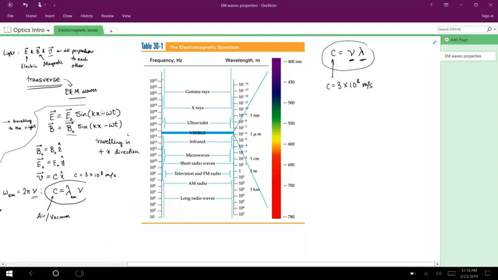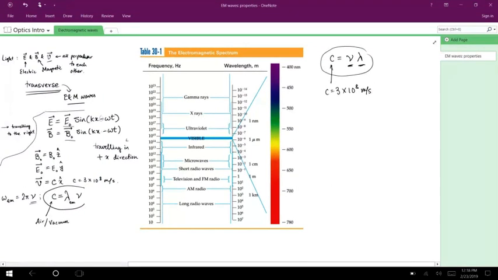And so as we go lower and lower in frequencies in this chart, if you look at table 30.1 from the book, the wavelength on the other side is going higher and higher. And it turns out that the light that we see with our eyes, the visible part of the light, is just a tiny fraction of the entire spectrum of electromagnetic waves that we can access.